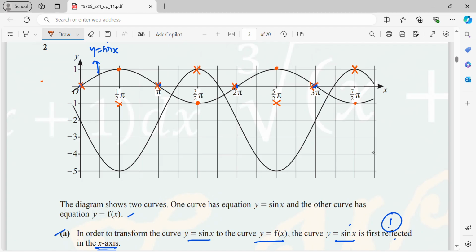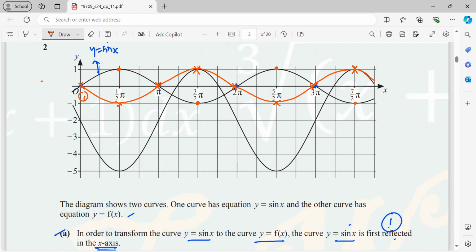So I just join all the crosses. Okay, so this is the first transformation.